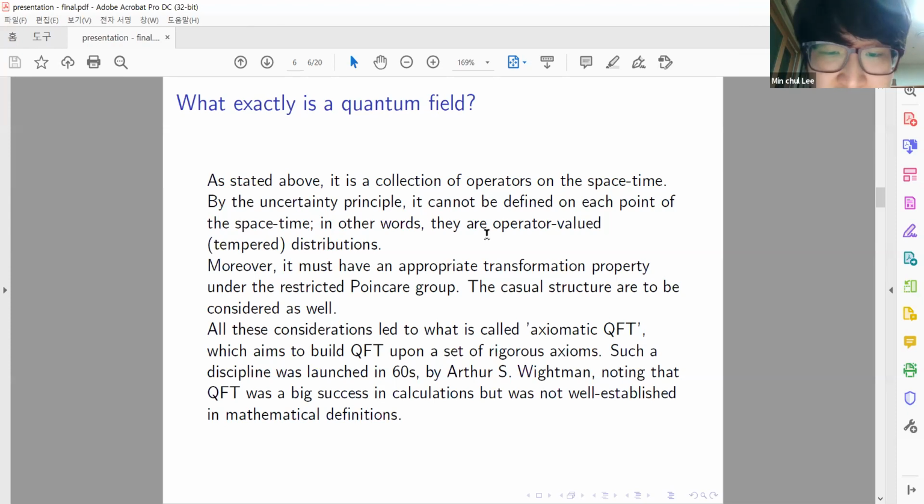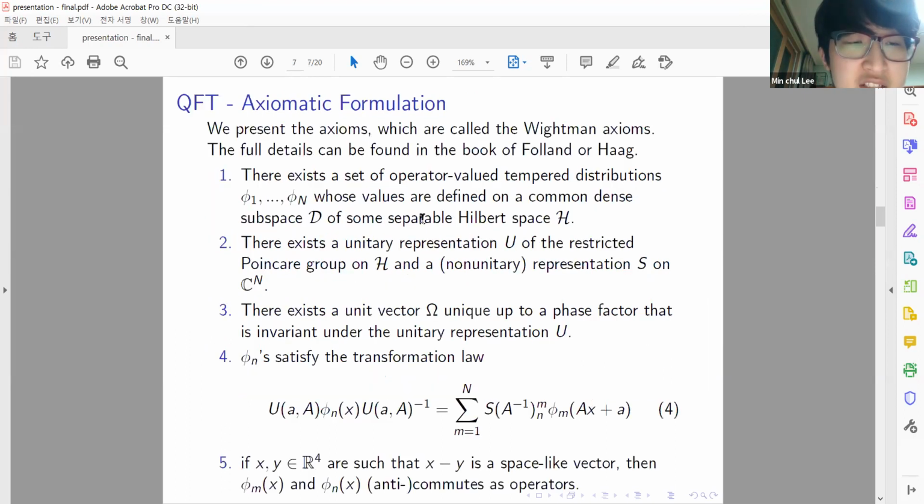All these considerations led to what is called axiomatic QFT, which aims to build QFT upon a set of rigorous axioms. Such a discipline was launched in the 60s by Arthur Strong Wightman, noting that quantum field theory was a big success in calculations and predictions, but was not well established in mathematical definitions. So here comes the axiomatic formulation of QFT.